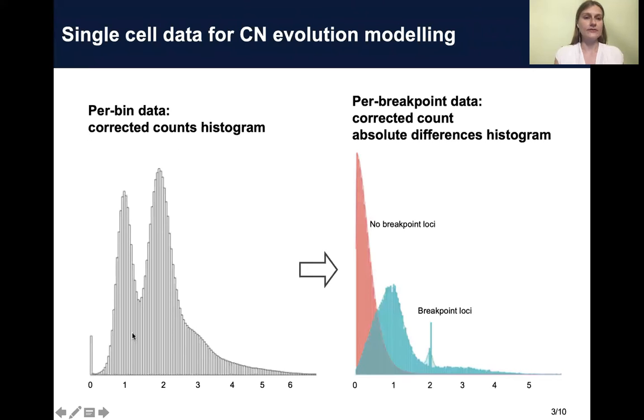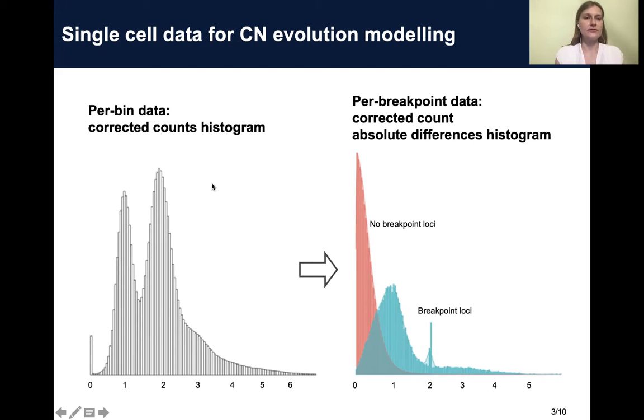Here on the left, you can see single-cell DNA sequencing data in the form of corrected counts per bins. These counts were corrected for GC content and mappability, and they were also normalized so that 2 means neutral copy number. We call this type of data per bin data.